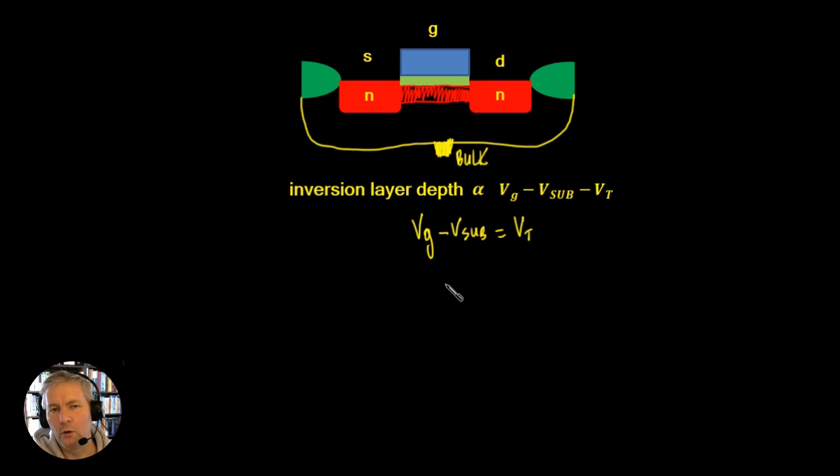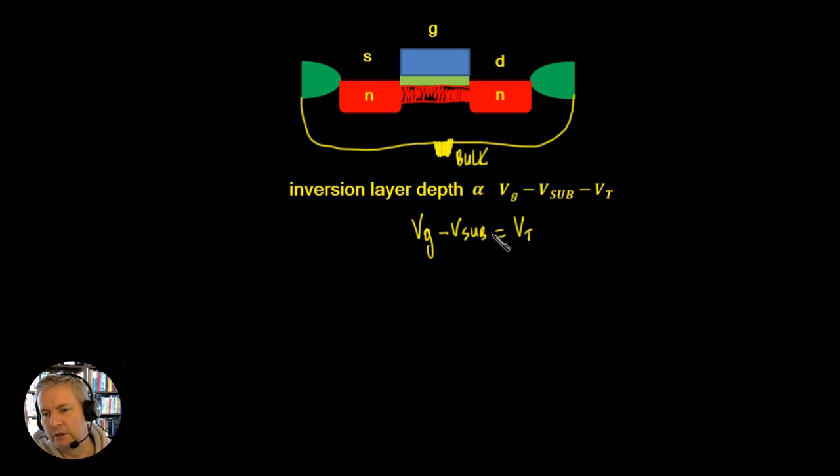If we made it a lot greater than VT, we're going to get a lot greater inversion. So the inversion layer depth has got to be directly proportional to this VG minus V sub. And that's what we've written here. Inversion layer depth is directly proportional to VG minus V sub. As VG minus V sub goes up, the inversion layer depth goes up.